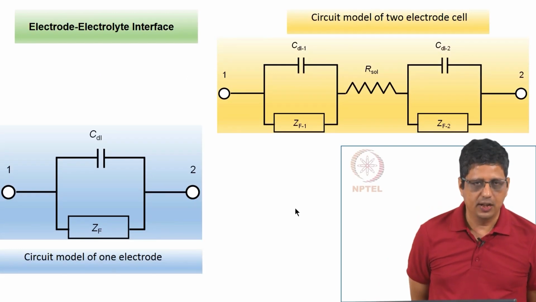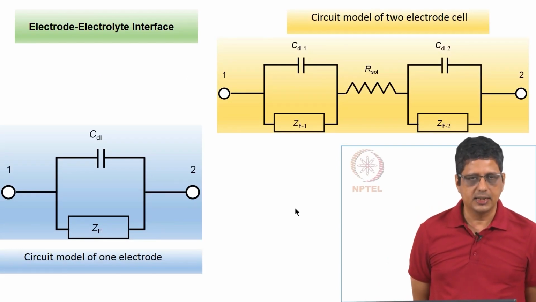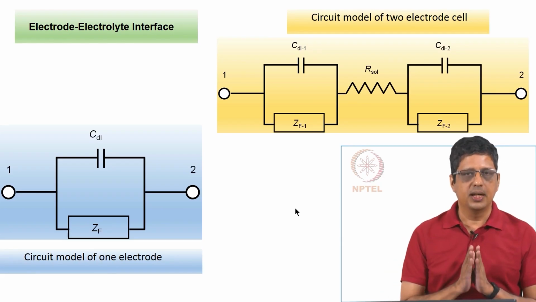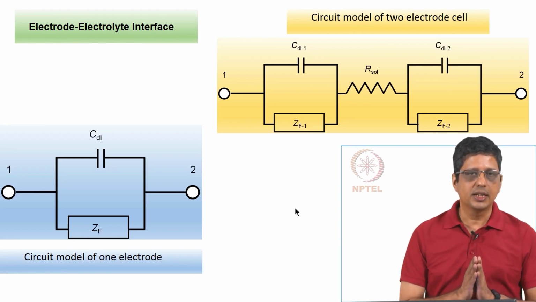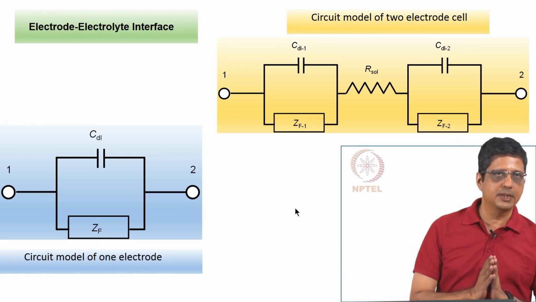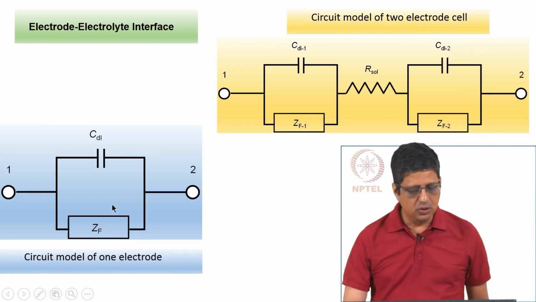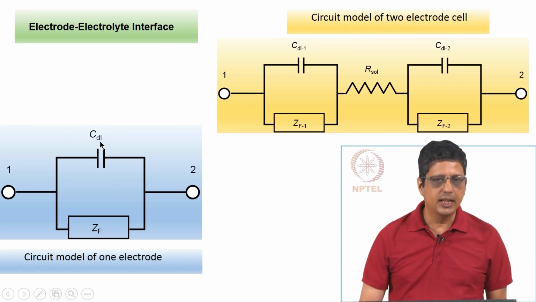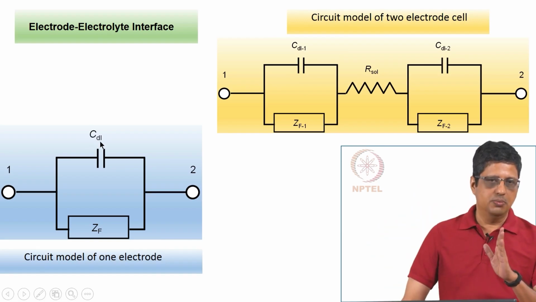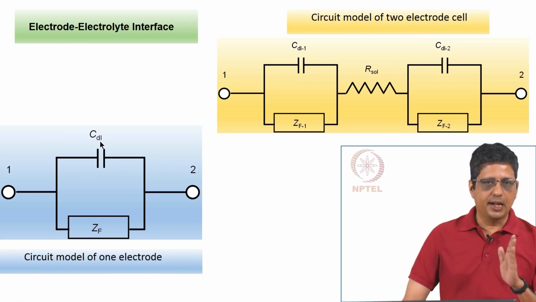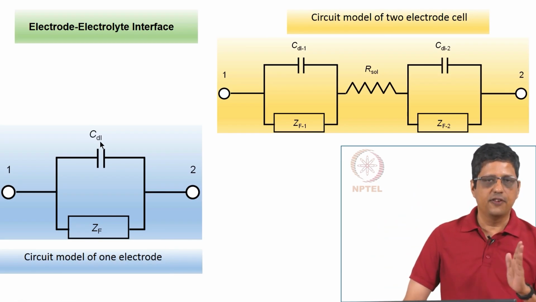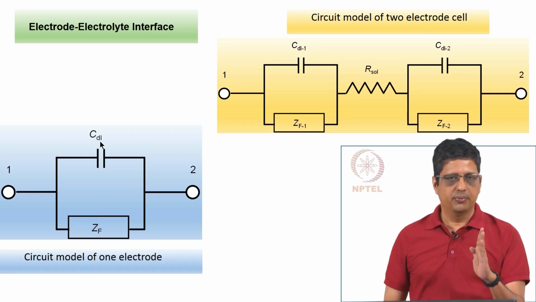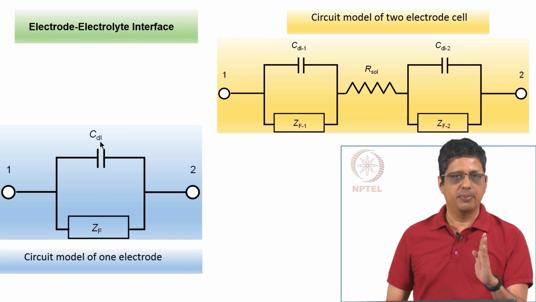Now, if I have one electrode, right next to that is the electrolyte, I showed that you can describe that by a capacitor, and we call that a double layer capacitor, and we represent that by CDL. So, on the left hand side picture in the blue diagram you have CDL, but this assumes that there is no movement of electrons or any material across the interface, but at sufficient potential you may have a reaction happening.